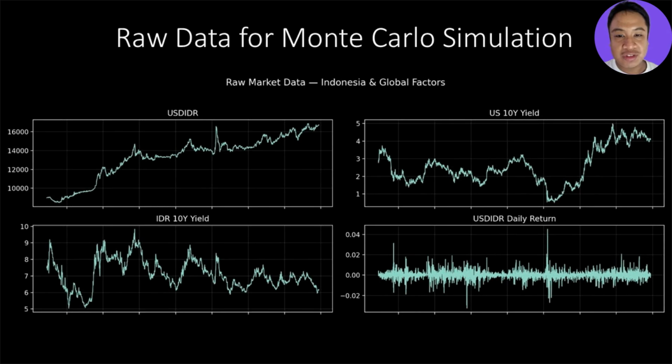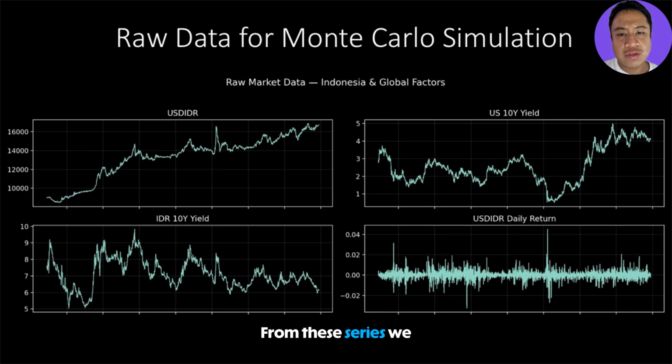Let's start from the data. On this slide, you see the raw inputs that drive our model. The USDIDR spot history, IDR 10-year yield as proxy for domestic risk-free rate, US 10-year yield for the foreign risk-free rate, and the daily returns of USDIDR.